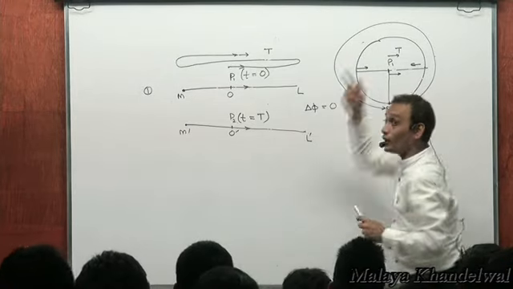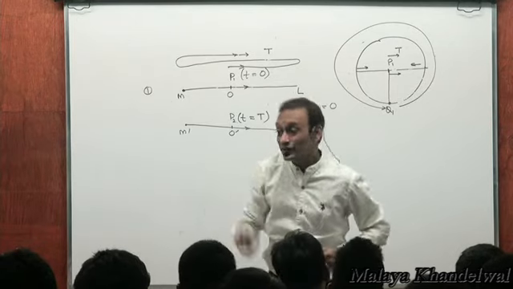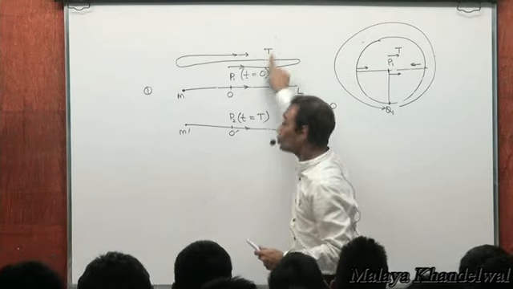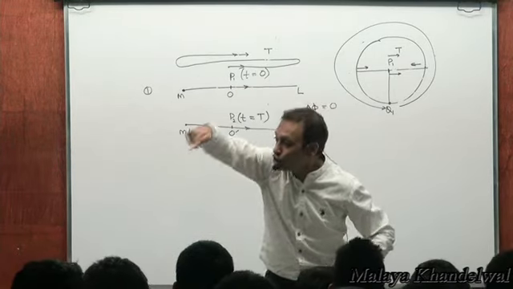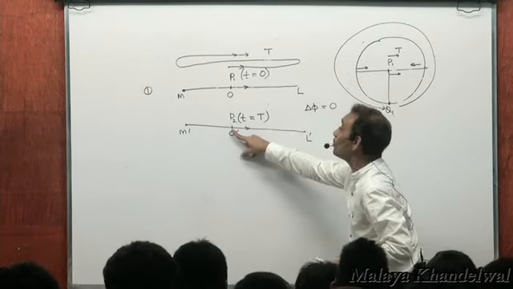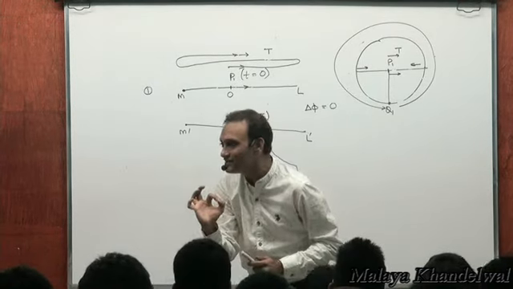That means Q1 already described an angle 2 pi at the center. Q1 described an angle 2 pi at the center in a time equal to capital T. The auxiliary particle of P1 in this time described an angle 2 pi at the center. Whereas the auxiliary particle of P2 described 0 degrees at the center.